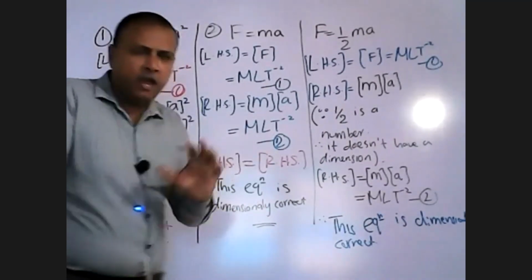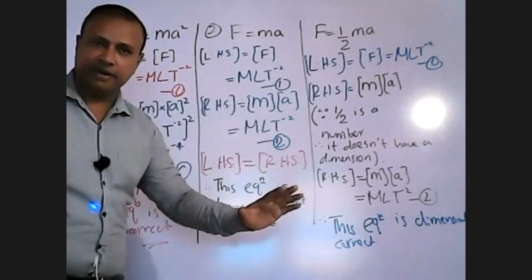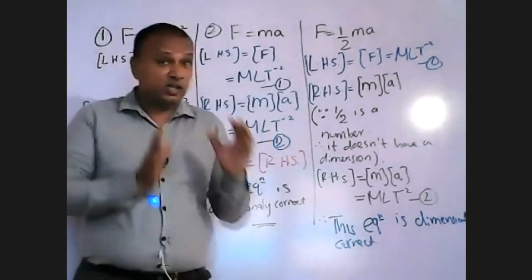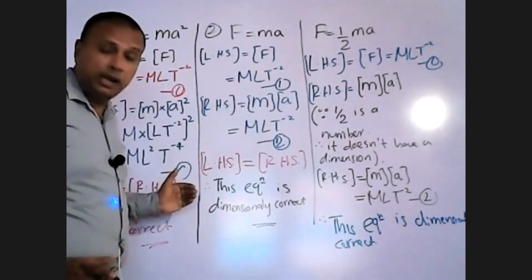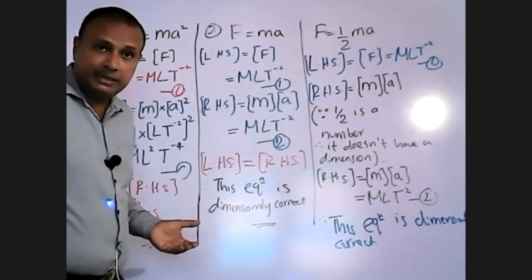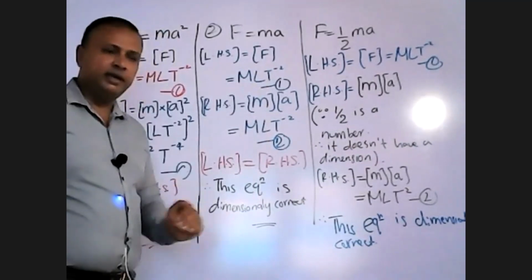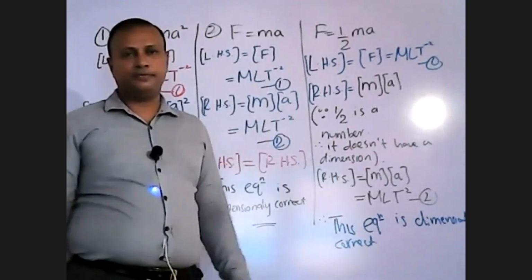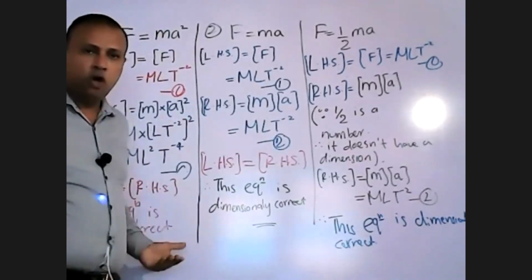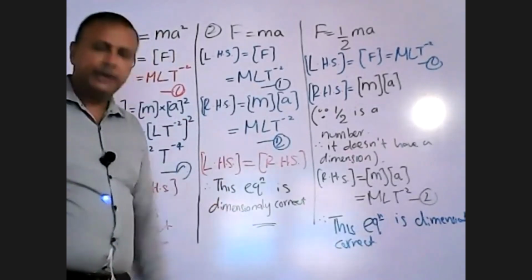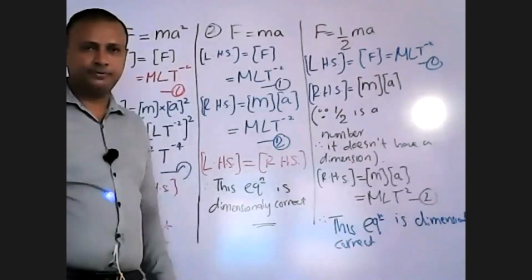If the equation is incorrect, that means the dimension of RHS is not equal to the dimension of LHS, so definitely the dimension is incorrect.